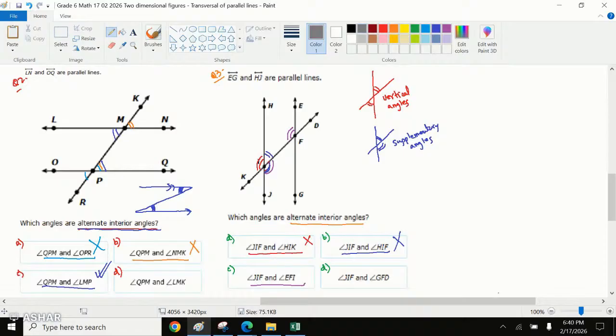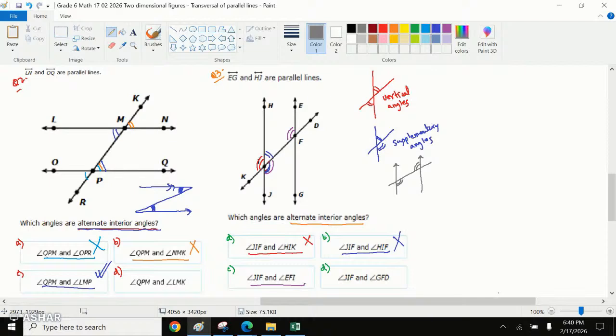So in this case, what is happening if we have two parallel lines and this was given? We have this angle and we have this angle, right? Agreed? Because these two lines were parallel.